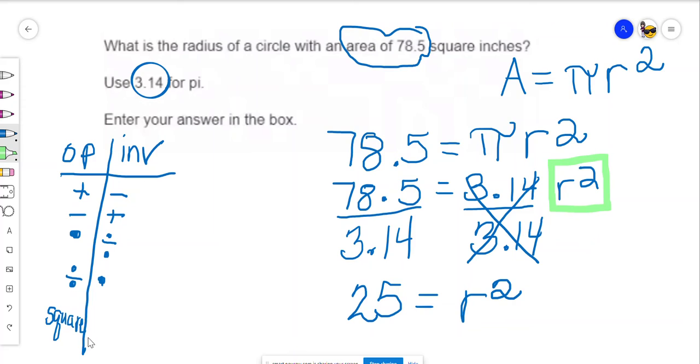And there is one. Ta-da! That's good, right? Because otherwise we can't solve this problem. And the inverse of square is to take the square root. I'm going to write the words in here.